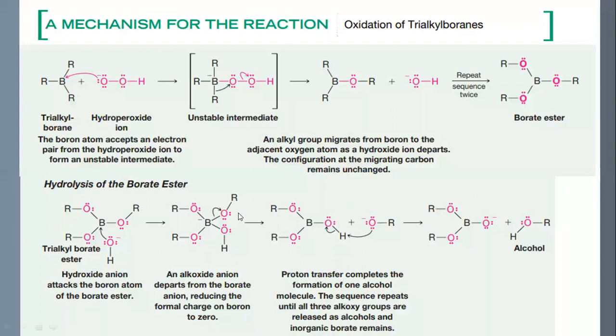So here, the one that leaves is the OR, not the OH. So once you have the OR, the OR will abstract the OH, and what will happen is that we'll use these electrons from OR and you abstract our proton from OH, and the electrons from OH will go to the oxygen.